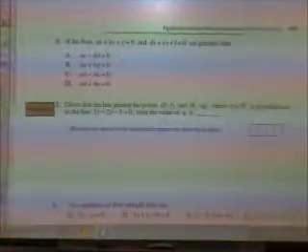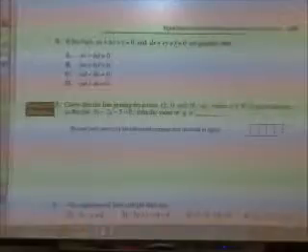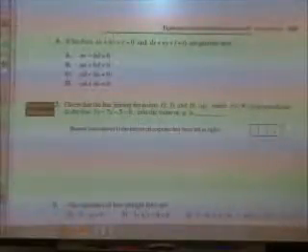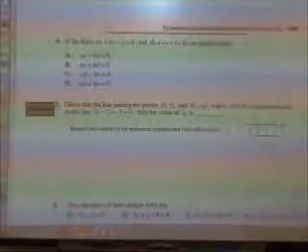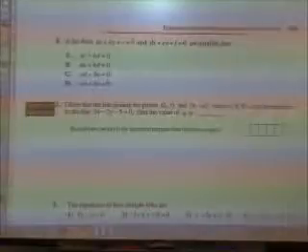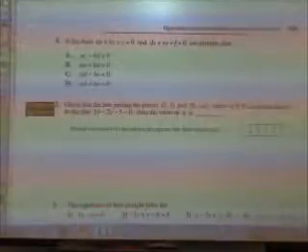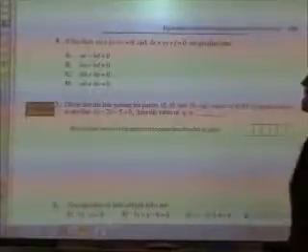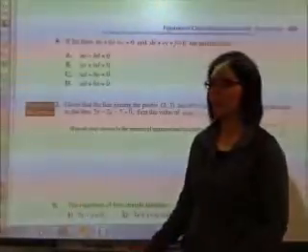If lines ax plus by plus c equals 0 and dx plus ey plus f equals 0 are parallel, then what can you tell me? So, if they are parallel, what do I know?